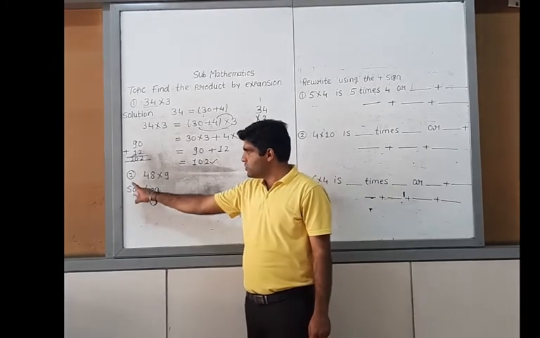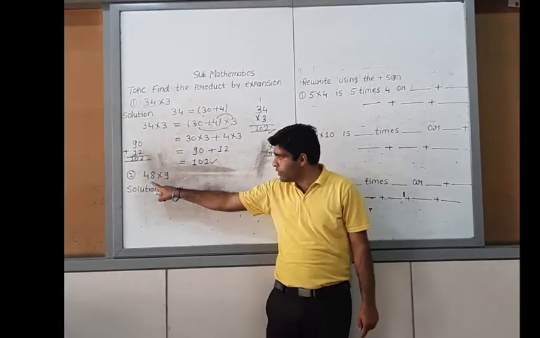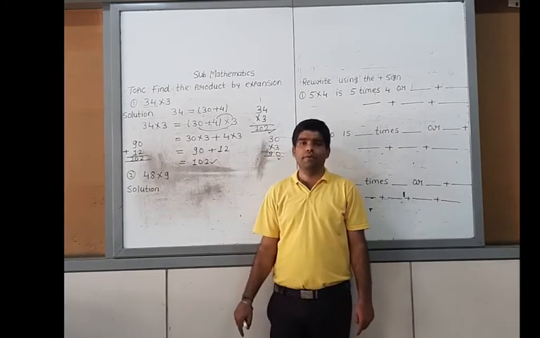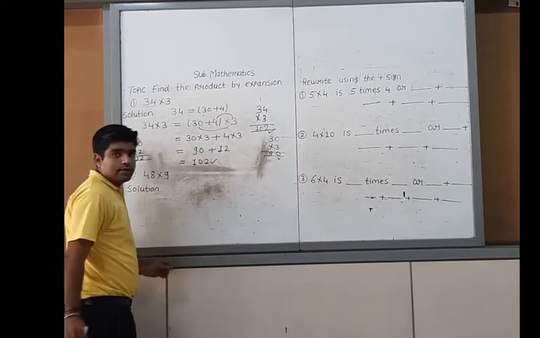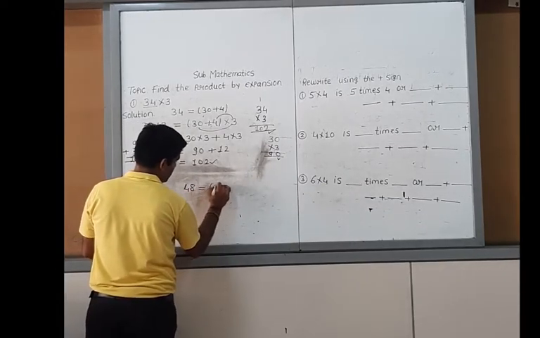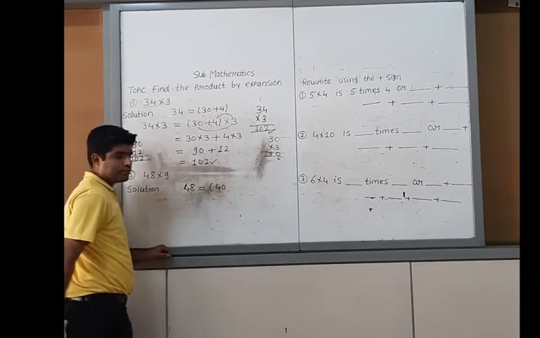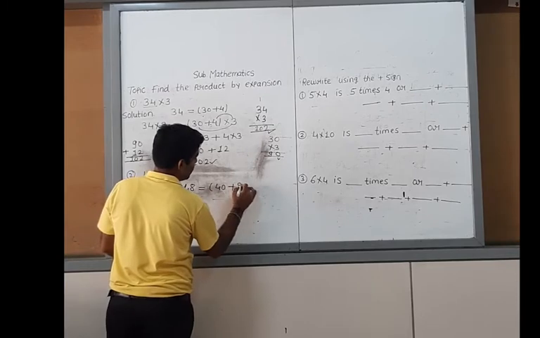Same example, now solve the second one. Second one is what? 48 multiplied by 9. Okay, now see, first of all the 48, you can also write it. This is our 48, it means what? Here 48 is equal to 40 plus 8.